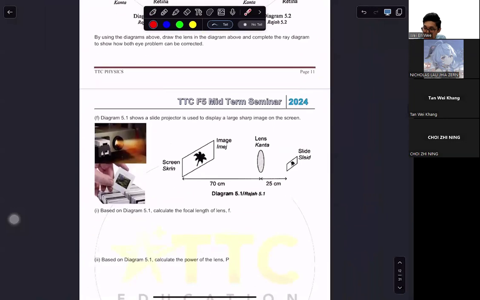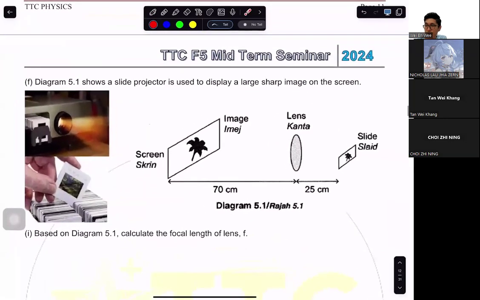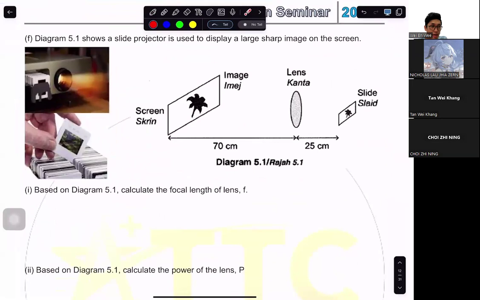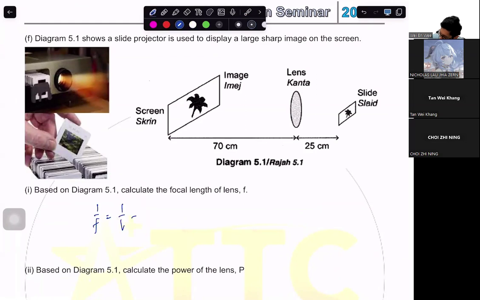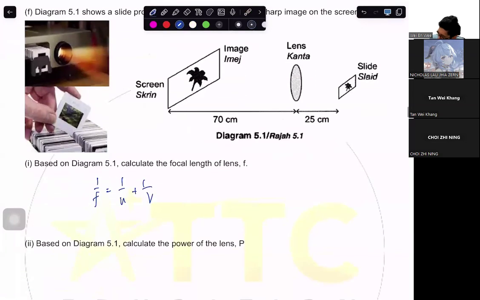Okay, so here, they ask you to calculate the focal length. You know how to calculate it. We just use back the formula, which is 1 over f equals to 1 over u plus 1 over v. Okay, and then your u, by the way, is the screen. This is the slide.